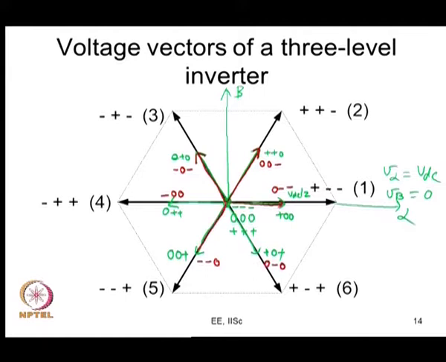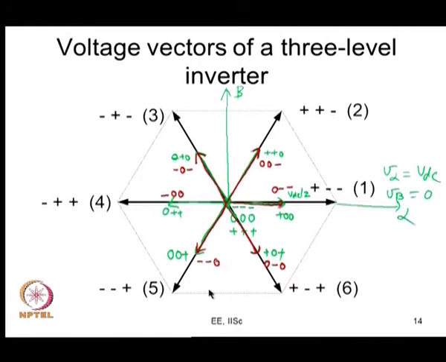So these are another 6 more vectors. These are combinations, where I have drawn in the red ink, all combinations of 0 and minus. It is like I am having the 3 level inverter, but I am switching only between minus and 0. So some legs may be connected to 0, and the remaining legs will be connected to minus. So these would be the active vectors.